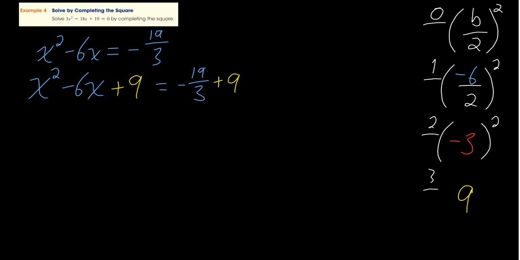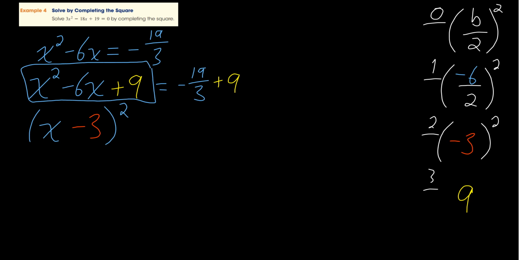We can now rewrite the left side as x minus 3 quantity squared. But Professor Brown, that's cool and all, but how'd you get that? Well, one of two ways. One of them being, I could just look at this and factor it in my head.